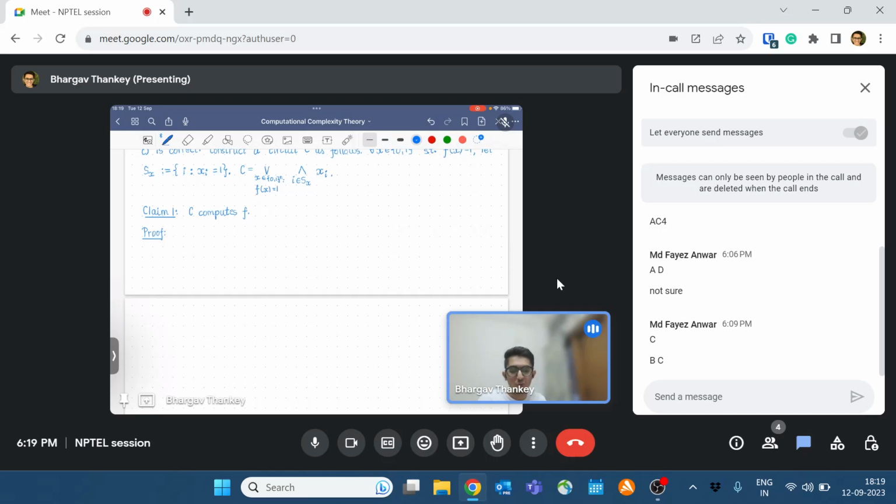We have to show two things, right? For every x in {0,1}^n, there are two cases, either f of x equals 0 or f of x equals 1, right? In both the cases, we are supposed to show that C of x equals 0 and C of x equals 1 respectively. So that's exactly what we'll do. For any n, exactly one of the following is true.